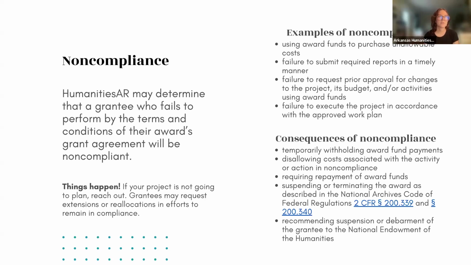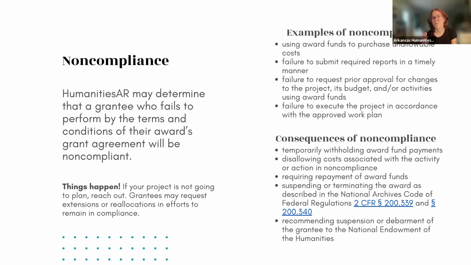And so if we get to a point where we have to jump into non-compliance, this could mean withholding award payments. So if you're not turning in all of your paperwork, we will not be able to give you funding until that paperwork is completed. The same thing with reallocation of funding.